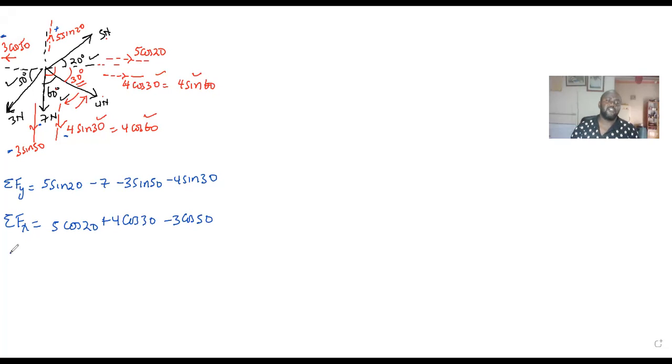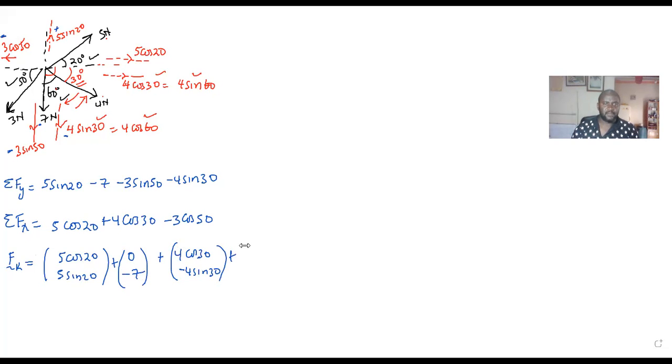If you write in vector form, you would have the resultant force is equal to 5 cos 20, 5 sin 20, plus 0, negative 7, plus 4 cos of 30, negative 4 sin of 30, then plus negative 3 cos of 50, negative 3 sin of 50.